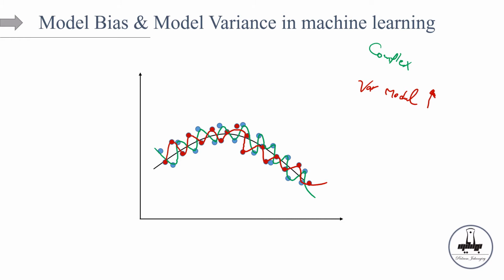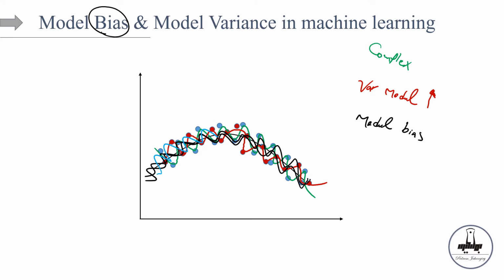But what about the model bias? So what can we say about the model bias? Remember, go back to the definition of model bias. On average, are we capturing the pattern in the data or not? On average. So it means that if I do thousands of realizations, right? So maybe this is one, this is another one. Let me use another color.